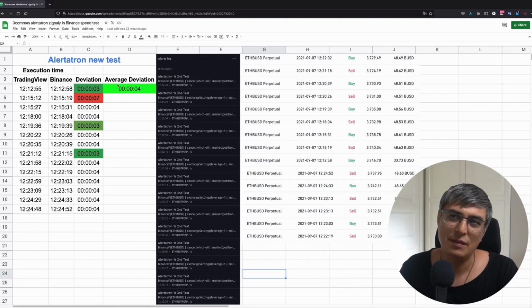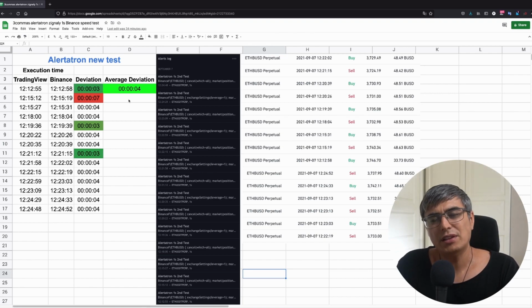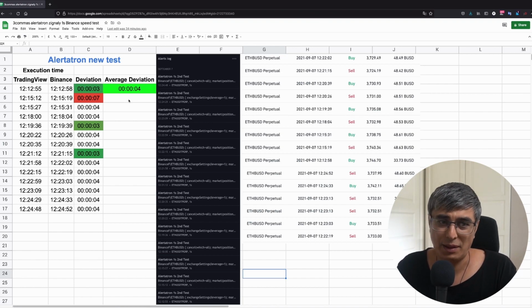And that's why we get average deviation of 4 seconds, which is very good. 1 second slower than 3Commas, but it has a different price model. And if you want more advanced and customized orders, then definitely it's a very good choice. So that means that on the previous day I tested it, it was something sketchy. Something happened. It was something not working as expected. So that's why the result.